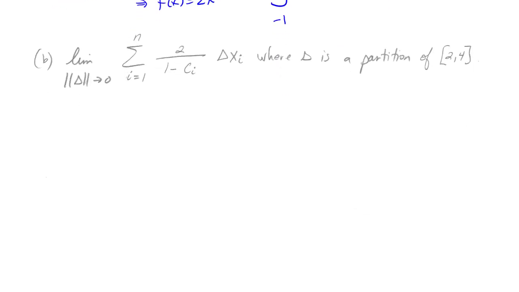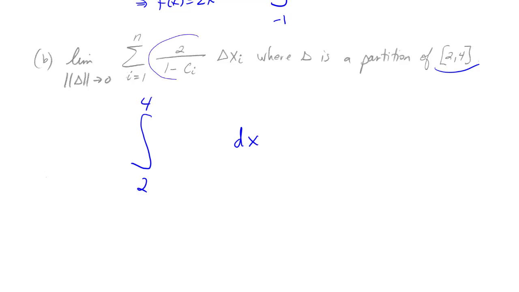The limit as the norm of the partition goes to 0 of the sum i equals 1 to n of 2 over 1 minus ci delta xi, where delta is a partition of 2, 4. Okay, again, it's the integral of something, and we'll use the variable x. And we don't have to, but it's nice to use. So it's definitely the integral from 2 to 4.